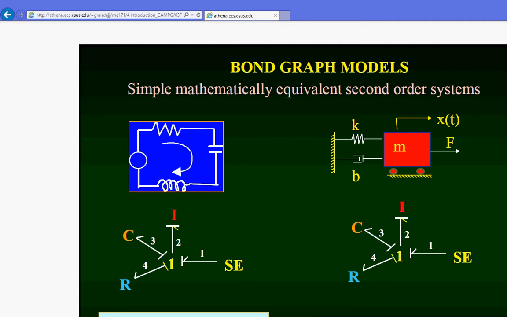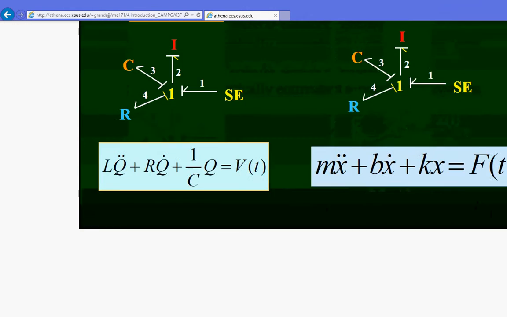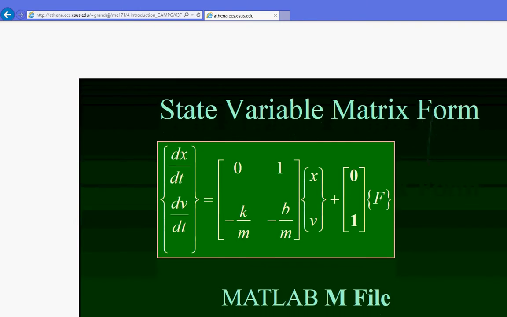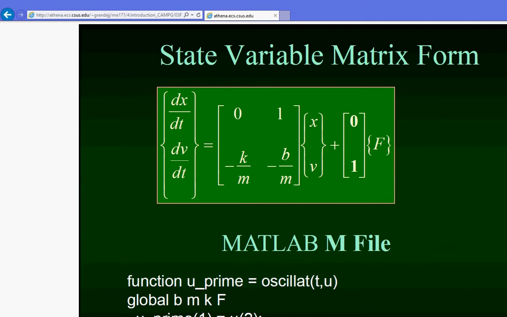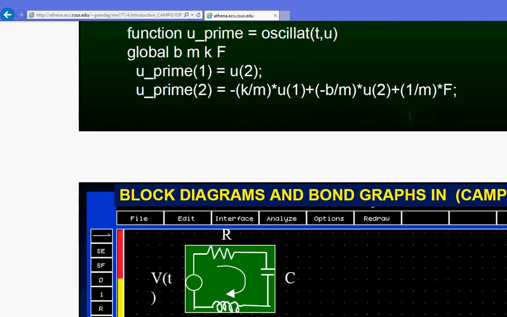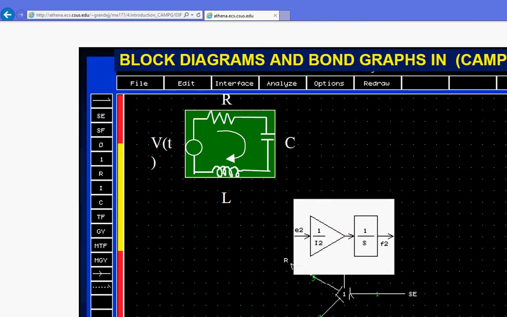In this form, the equations. We will see as we develop this topic how you obtain these things. And then you enter them in the CAMG.